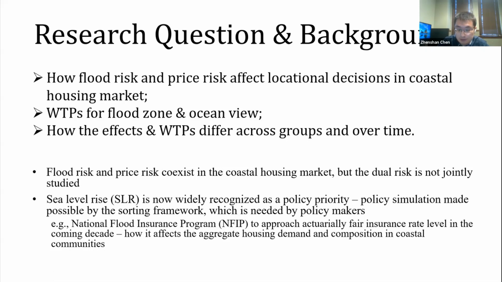The dynamic sorting framework can enable us to do policy simulations. For example, the NFIP, the National Flood Insurance Program, is trying to approach actuarially fair insurance rate levels in the coming decade. In plain English, they'll increase the flood insurance rate significantly in the coming decade. So we can simulate how it affects the aggregated housing demand and composition in the coastal communities.